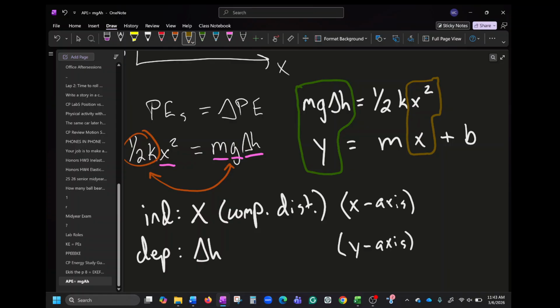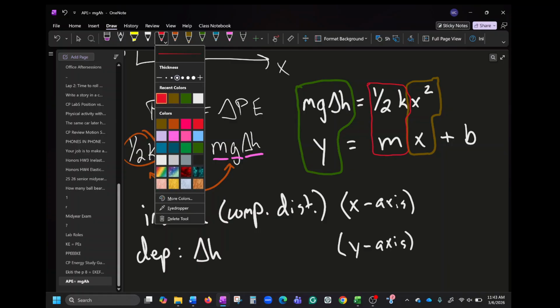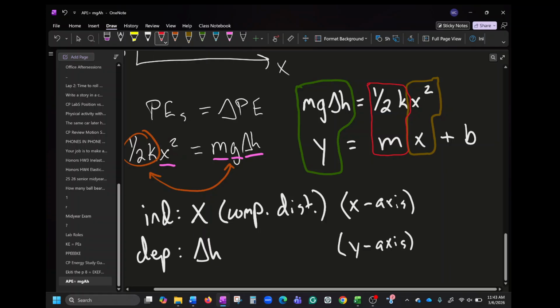If we line up the y-axis, the dependent, with mg delta h, and we line up our independent, the x-axis, with x squared, then that will allow the slope of the line to equal 1/2 of k. This is not exactly how one might do this properly, but it works fine for us.